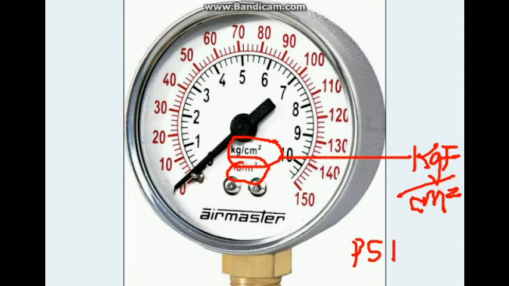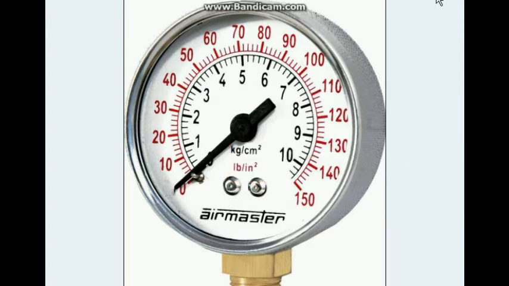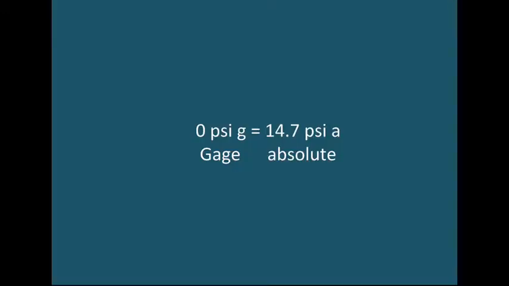At ambient pressure, the gauge reading will be 0, which is actually 14.7 pounds per square inch, or 1 bar. This is known as gauge pressure.